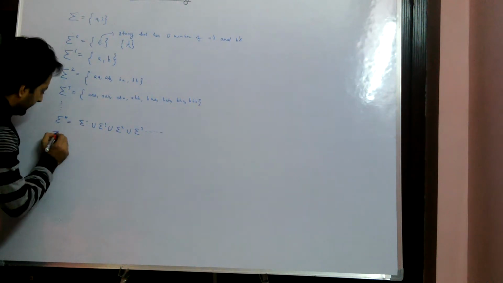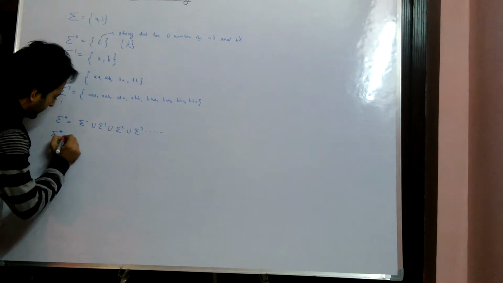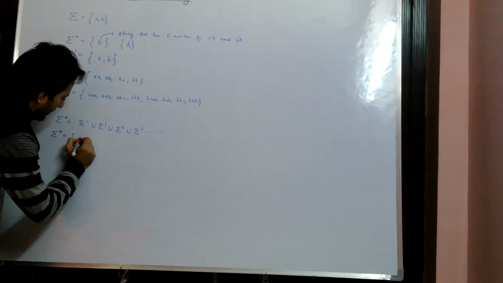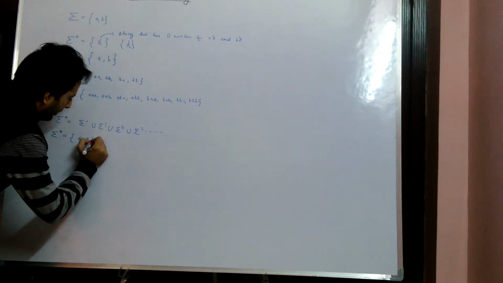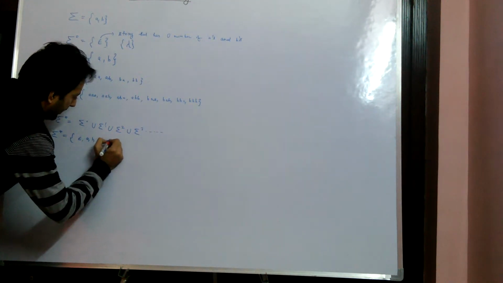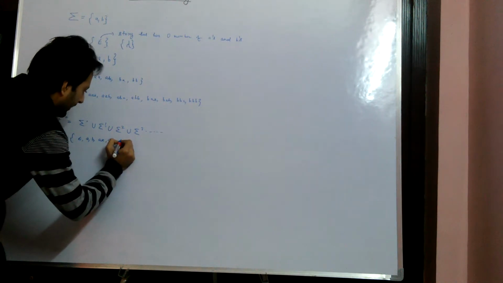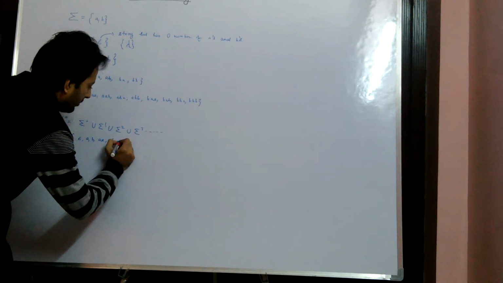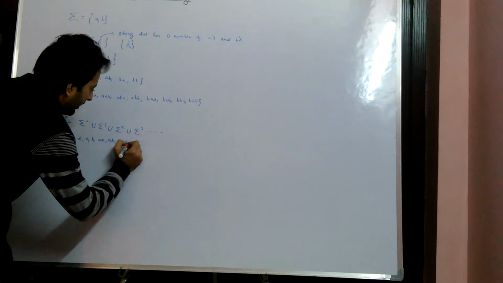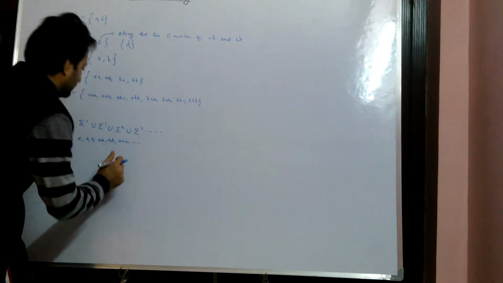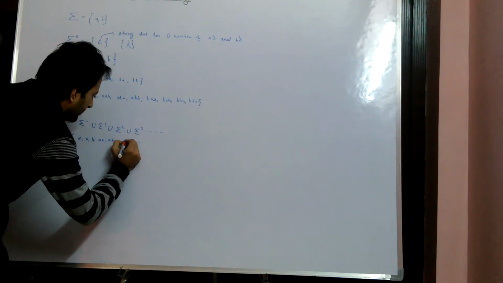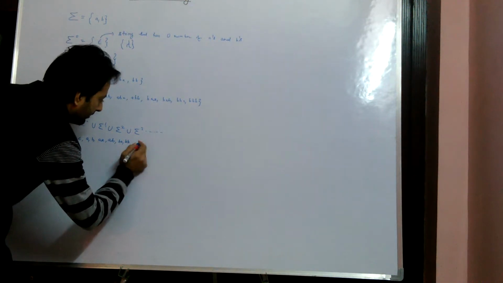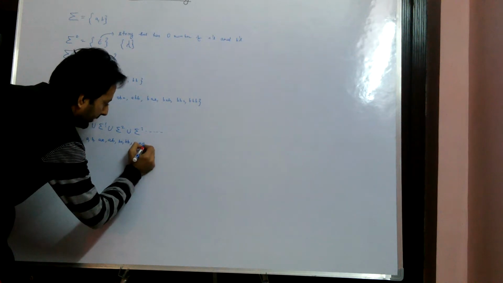For this representation, we have the union of all the sigmas. Necessarily this is the set of strings: epsilon, A, B, AA, AB, BA, BB, and after that we can have the strings of length 3 and so on.